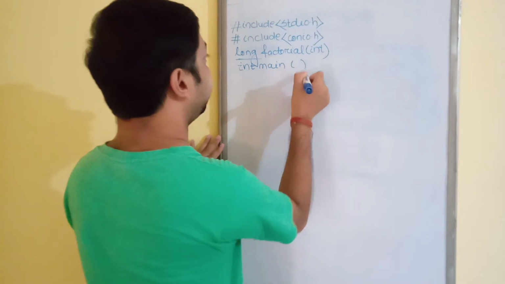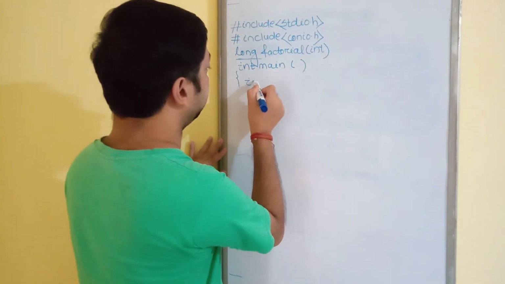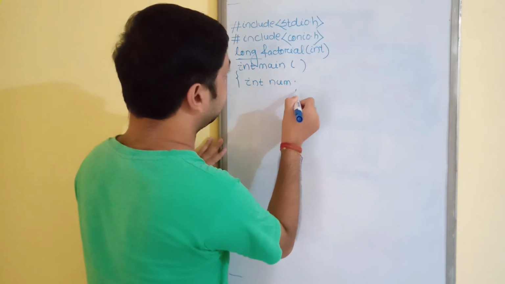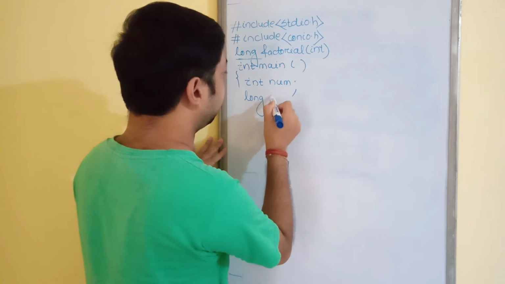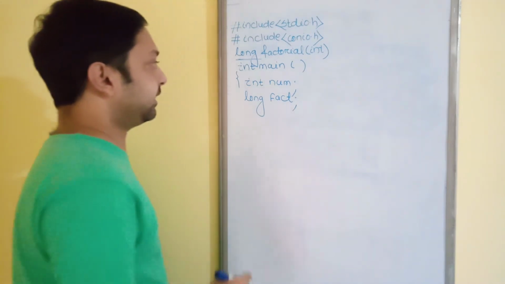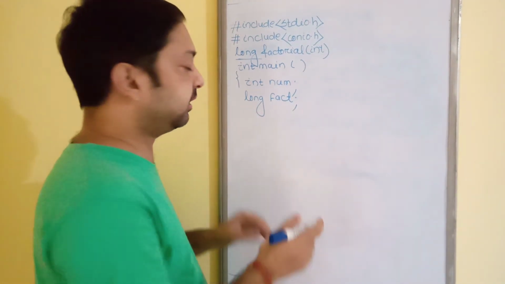Next come to your int main function. Inside the main function we need to declare two variables. One is int num, another one is long fact, which will store your factorial value. Next part is as usual, you need to input the number through printf and read it through scanf.